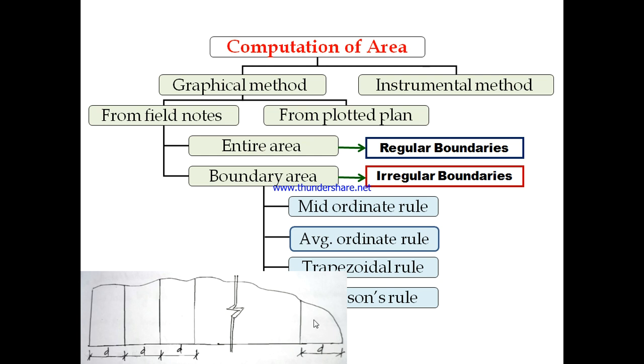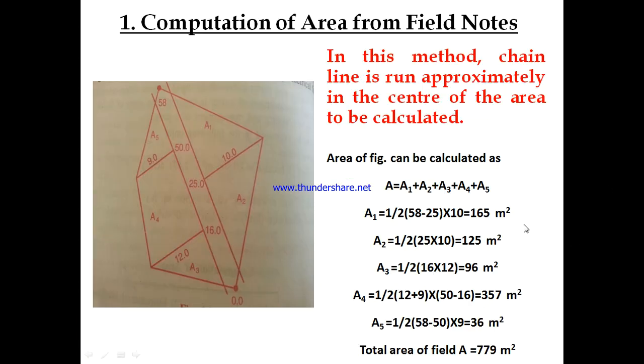Then this particular part, let us say, is part 2, and this particular part, part 3, will be calculated on the basis of either of these 4 methods. So it is clear that if we have regular boundaries, we can use simple mathematical formulas for rectangle, triangle, square, etc. While if irregular boundaries are there, then we can use either of these 4 methods.